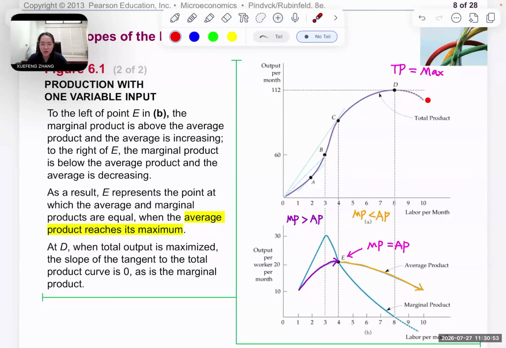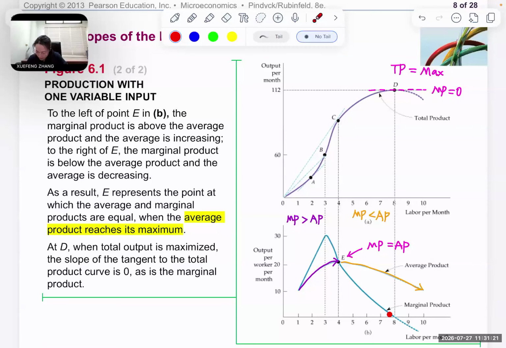What is the slope of total product? Which is the marginal product, right? So at point D, MP equals 0. And then you look at the bottom, when L equals 8.